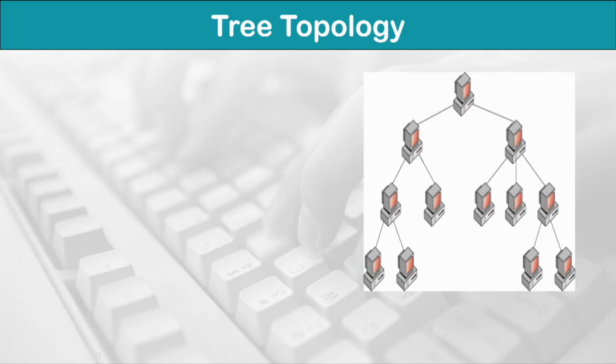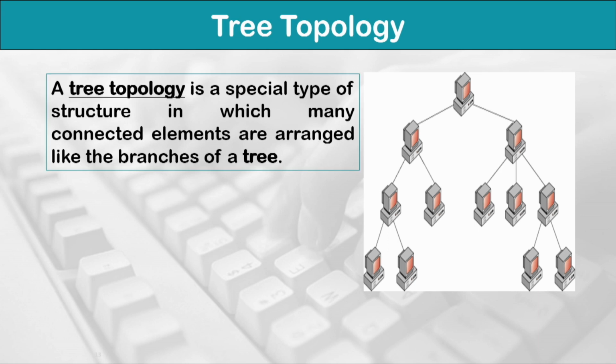The last topology is the tree topology. A tree topology is a special type of structure in which many connected elements are arranged like branches of a tree.